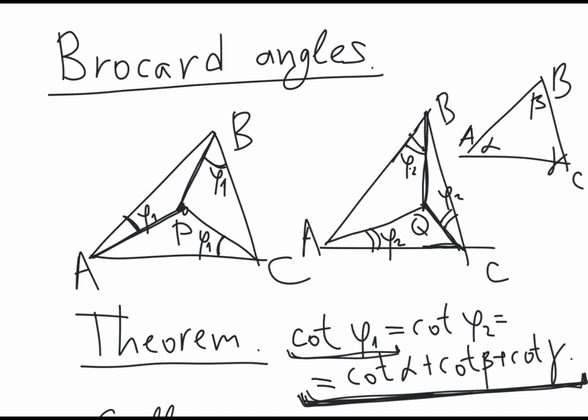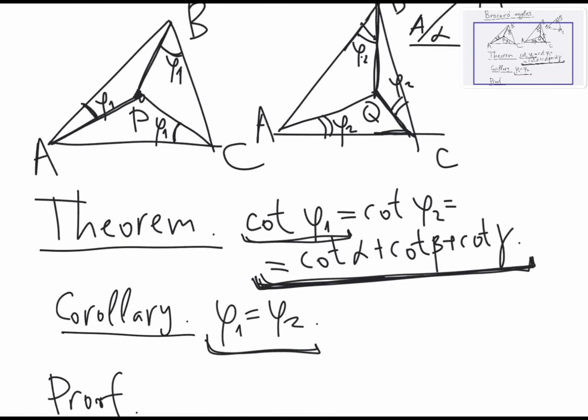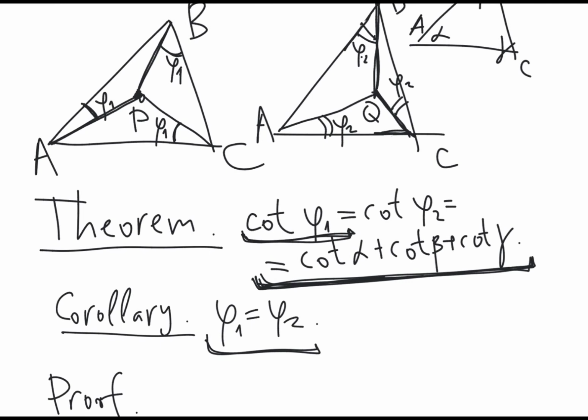Because of that, if we prove the expression for phi1, and the expression is symmetrical in alpha, beta, and gamma, then by using a similar proof for the symmetrical triangle, we automatically establish the expression for phi2.